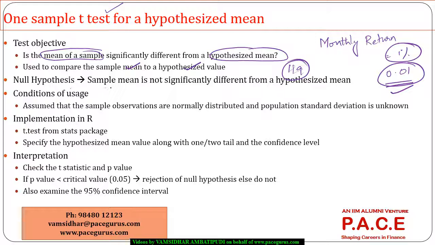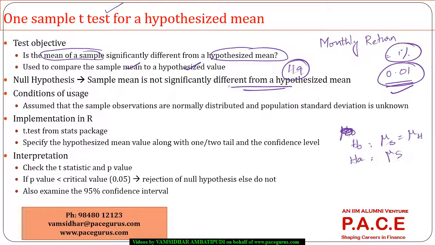So for every one of these tests we have a null hypothesis and an alternate hypothesis, which is exactly opposite to that of the null. The null hypothesis here is that the sample mean is not significantly different from the hypothesized mean, which means the mean of the sample is equal to whatever you have hypothesized.